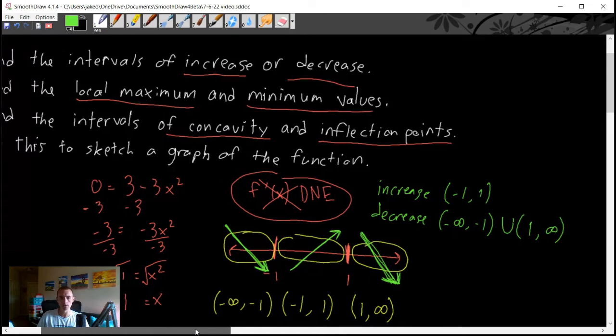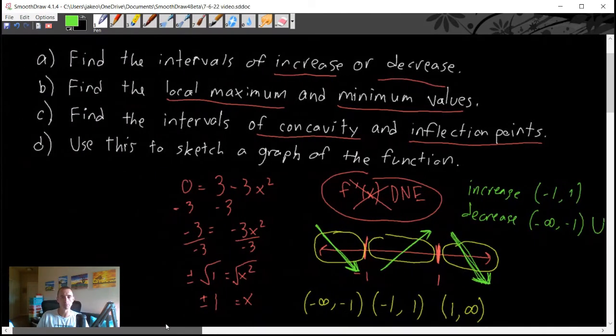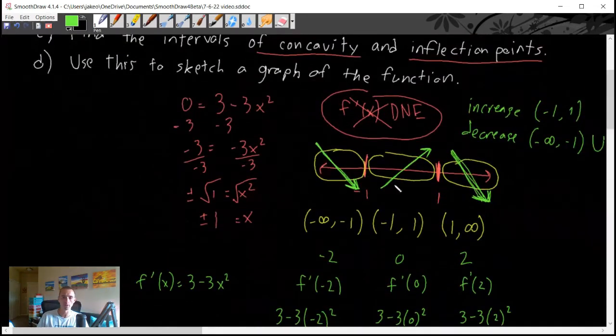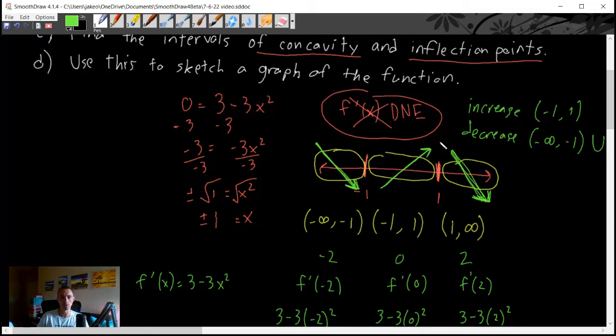Now part B is going to quickly and pretty easily build off of part A. And the reason for that is, let's think about the general shape of our function at this point. We know it's decreasing from -infinity to -1. It turns around and starts increasing when we get to -1. And it continues increasing until we get up to x equals +1. And then at that point, it turns around and goes back to decreasing.